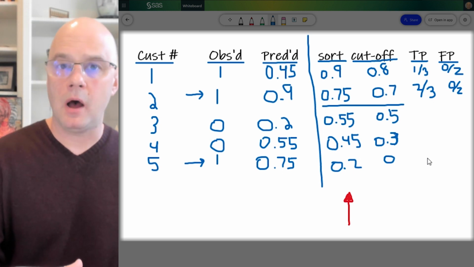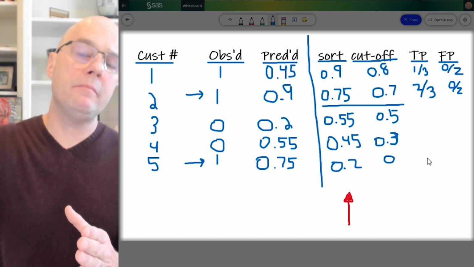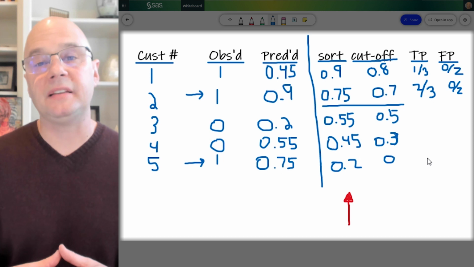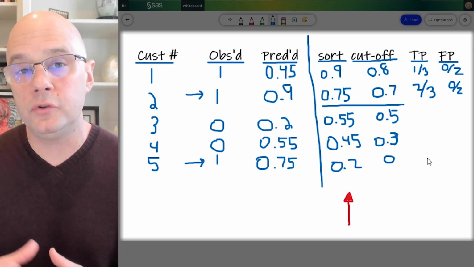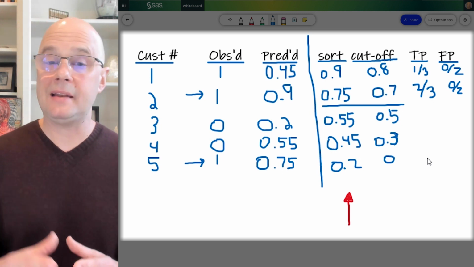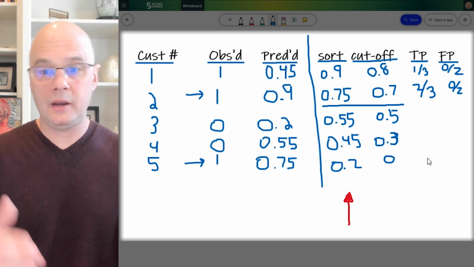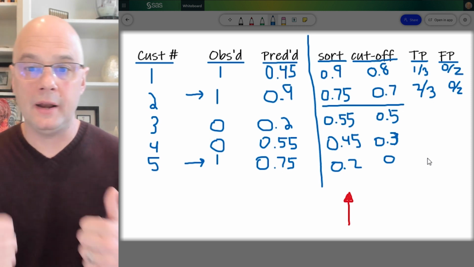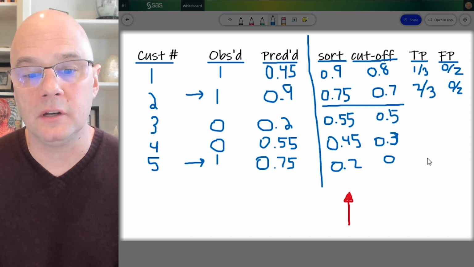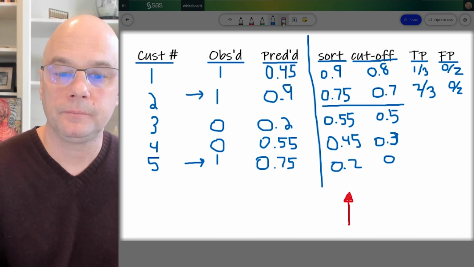If I use this model and I consider marketing to everybody whose probability is greater than 0.7, I expect to have a true positive rate of 2/3 and a false positive rate of 0. At that depth, the model's doing pretty good. Higher true positive rate, lower false positive rate. That means the model's doing a pretty good job at making those positive predictions. All right, let's go down to the next cutoff.